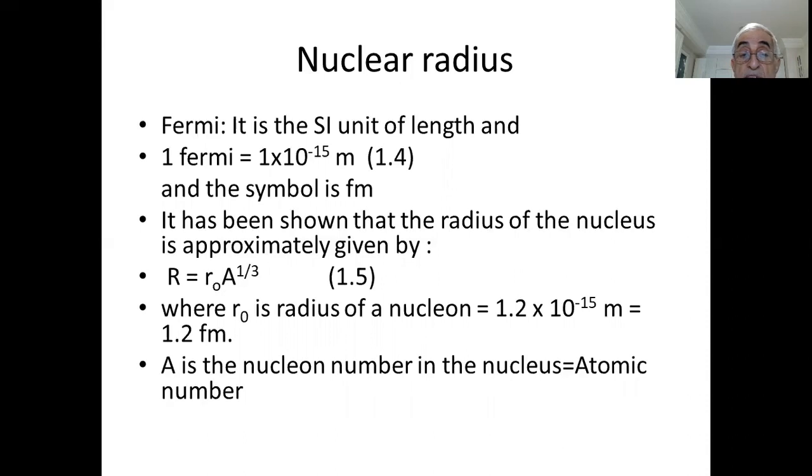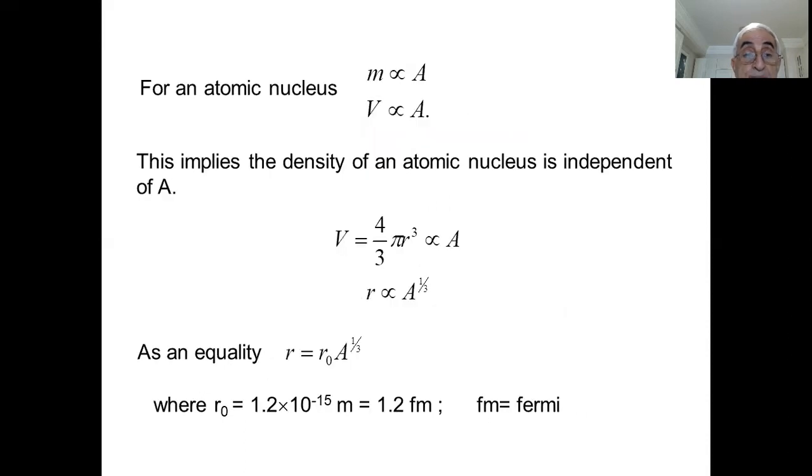It has been shown that the radius of the nucleus is approximately given by R = R0 A^(1/3), where R0 is the radius of a nucleon, which is equal to 1.2 × 10^-15 meter, or 1.2 fm. A is the nucleon number in the nucleus, that is, the total number of protons and neutrons together, called capital A.